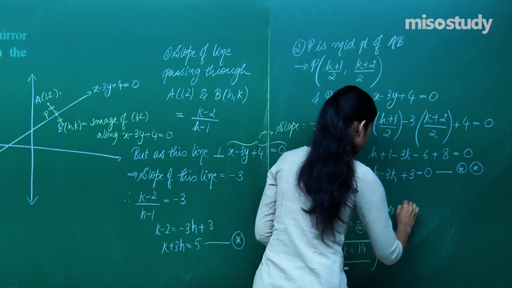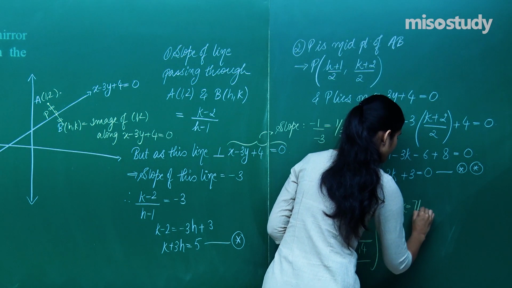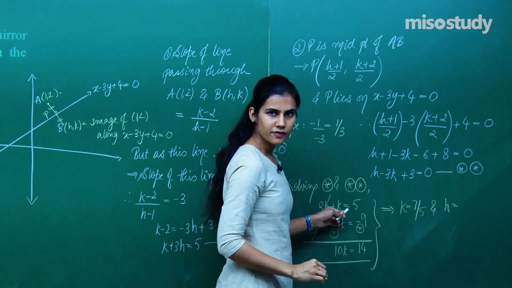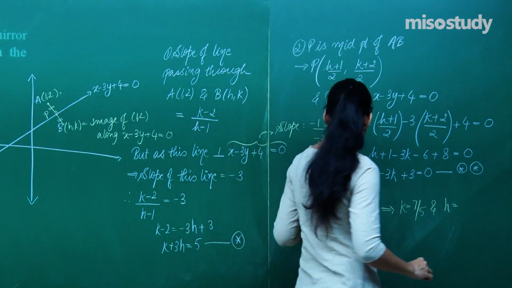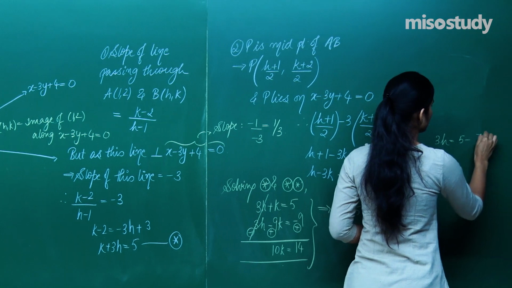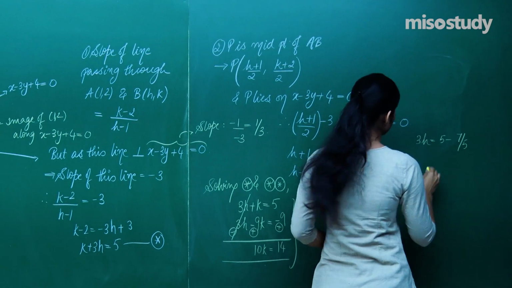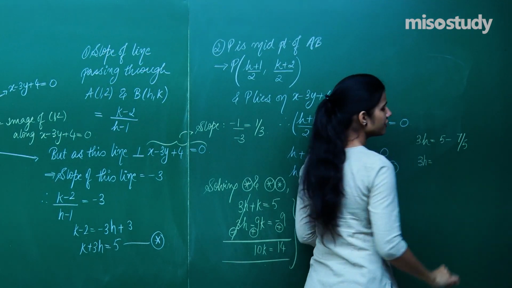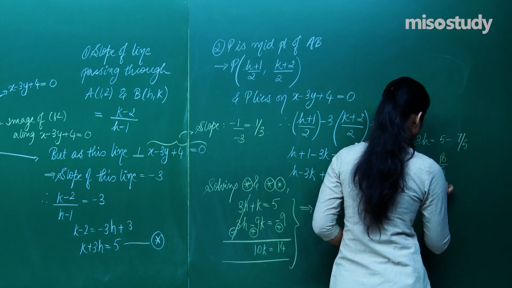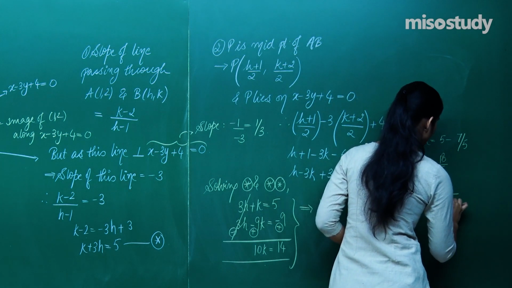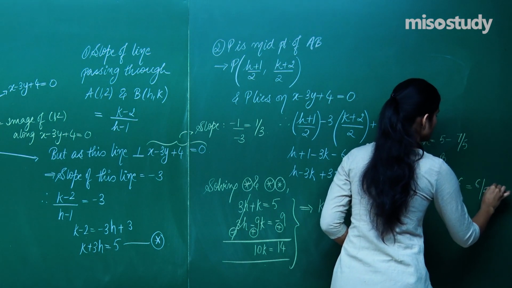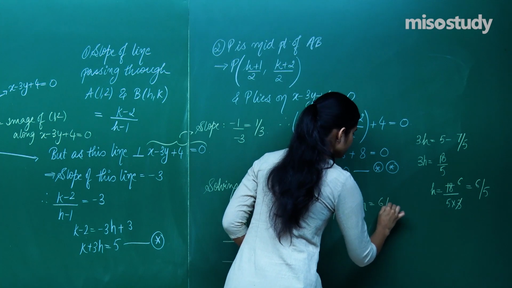This implies k is equal to 7 by 5 and h is equal to what? If k is 7 by 5, you have 5 minus 7 by 5. Right. So 3h is equal to 25 minus 7, that is 18 by 5. So h is 18 upon 5 into 3, that is 6 by 5.